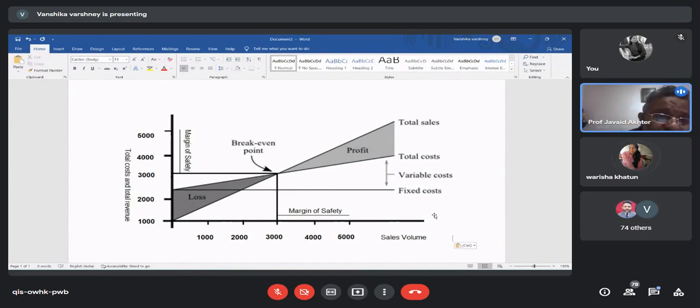You look at the left hand side of this rectangle, you see 3000 is your total cost and total revenue. Now look at the shaded area. In the shaded area, before the intersection point, before the break even point, you see loss.